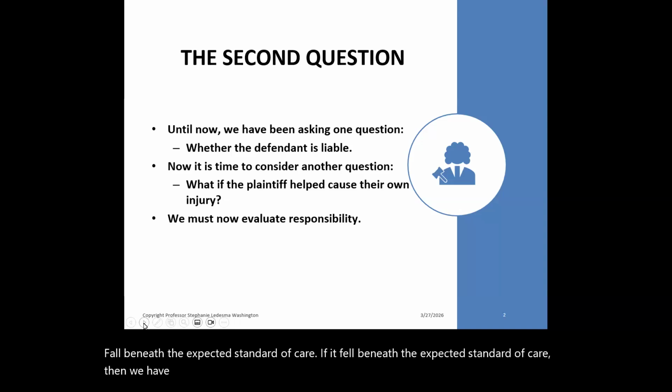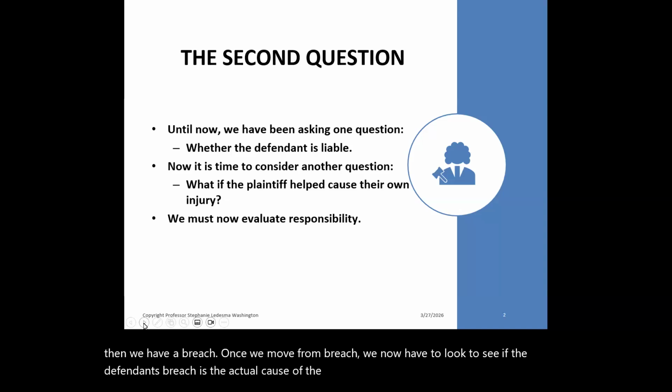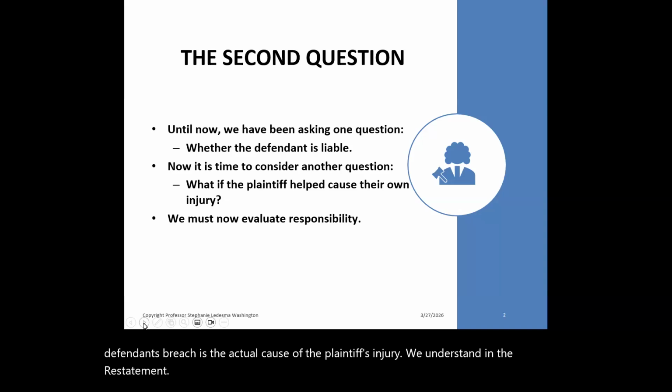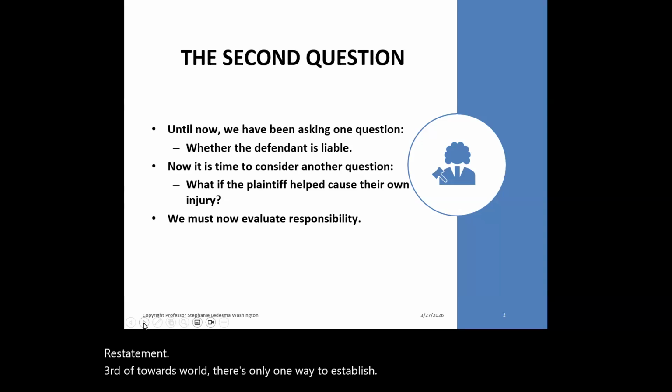Once we move from breach, we now have to look to see if the defendant's breach is the actual cause of the plaintiff's injury. We understand in the Restatement Third of Torts world, there's only one way to establish actual cause, and that's the but-for test.